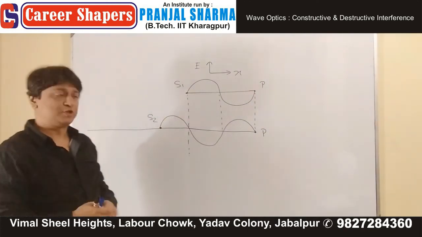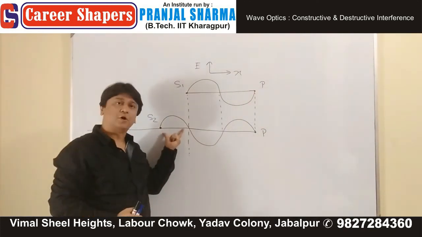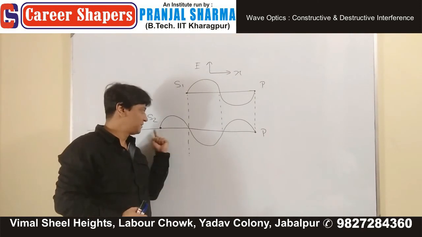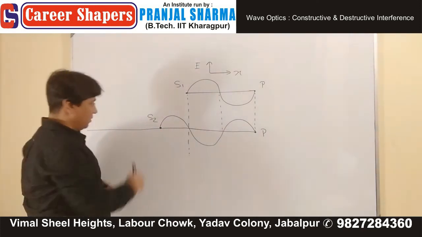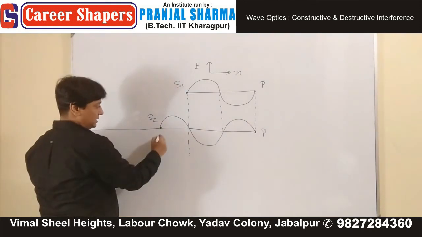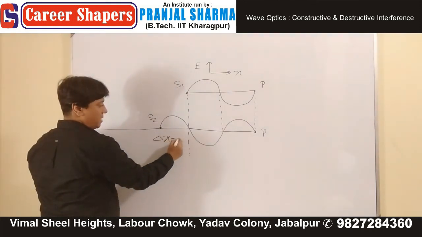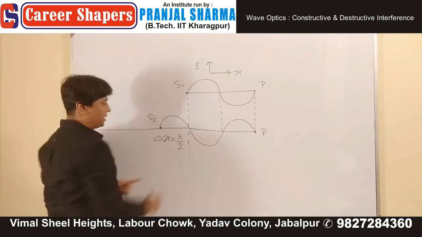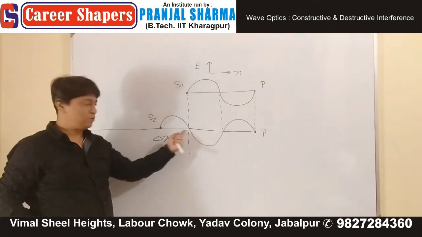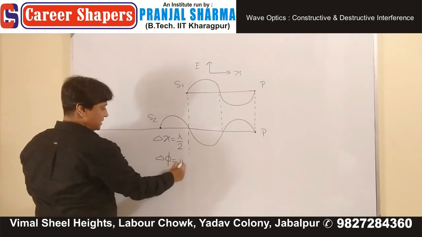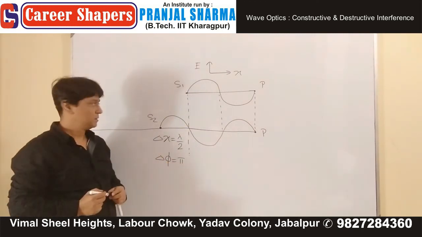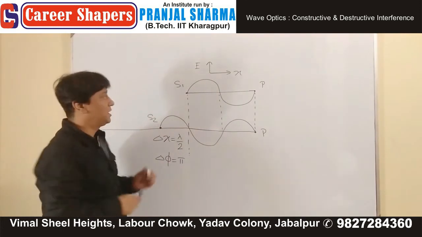They are in opposite phase because of this additional phase difference of pi. Right at this place, delta x, everybody can see is what? Lambda by 2. It's lambda by 2 behind. Phase difference wise, it is what? Pi.